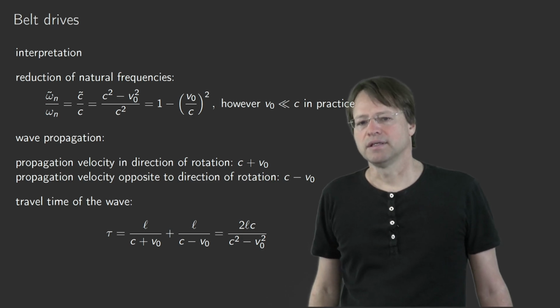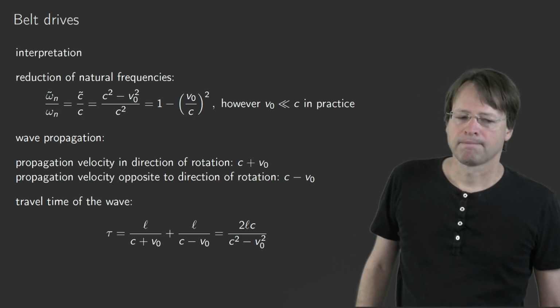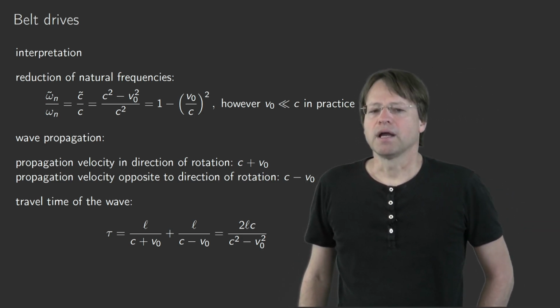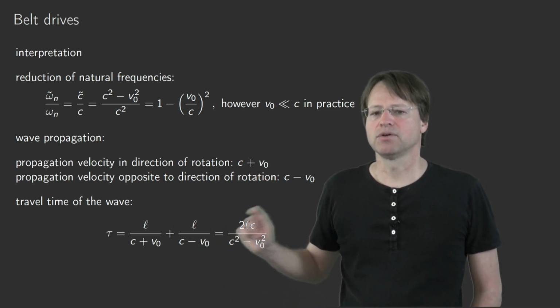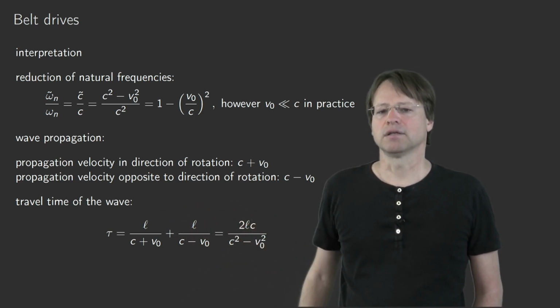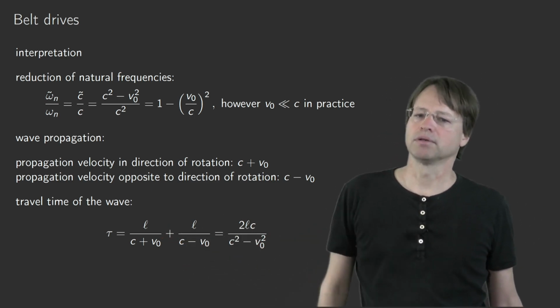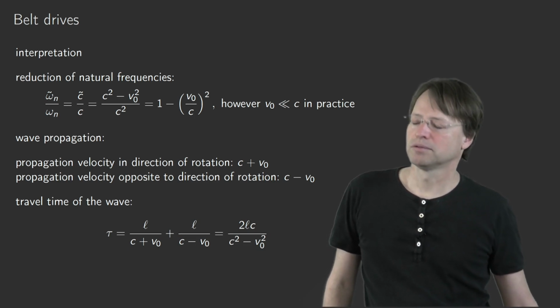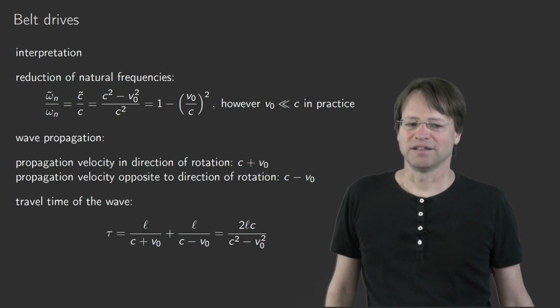So what we get then is the terms in L times v naught will cancel because they appear with opposite sign, and we get just twice the term L c in the numerator and c squared minus v naught squared, according to the third binomial formula, in the denominator.